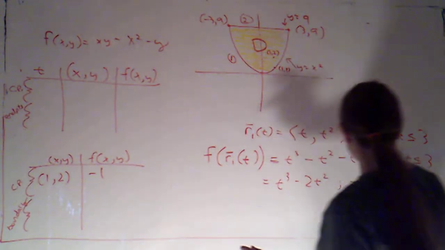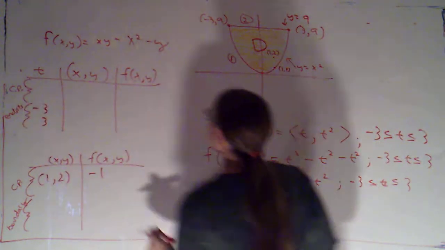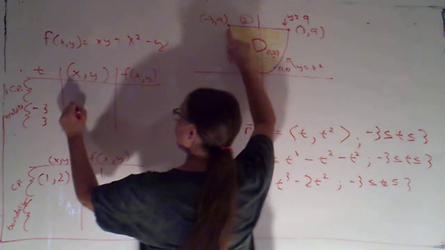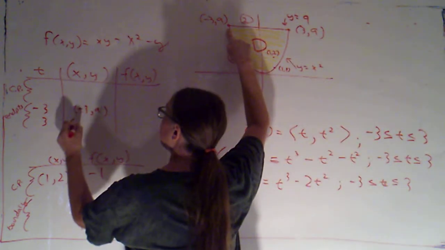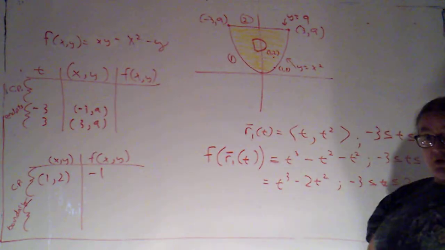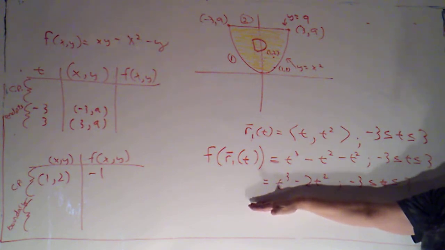Now my endpoints will be -3 and 3. And of course that corresponds to these points here, -3,9 and +3,9.